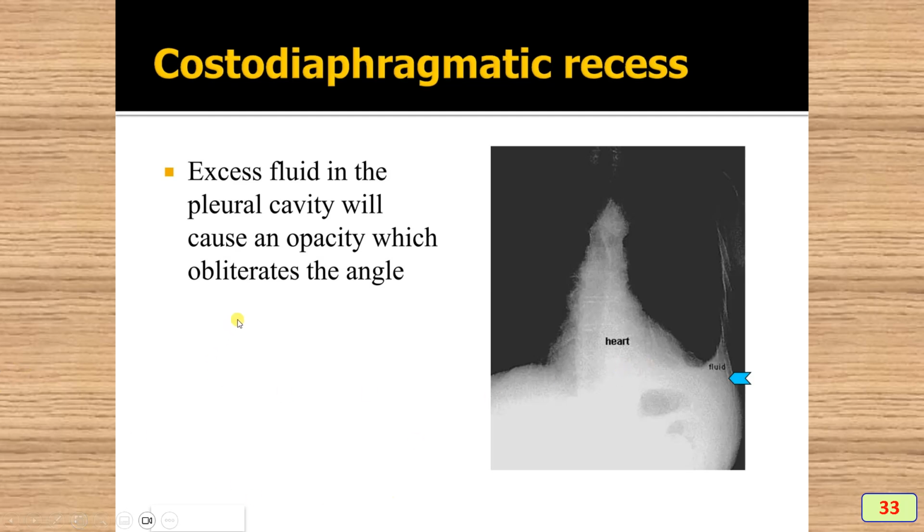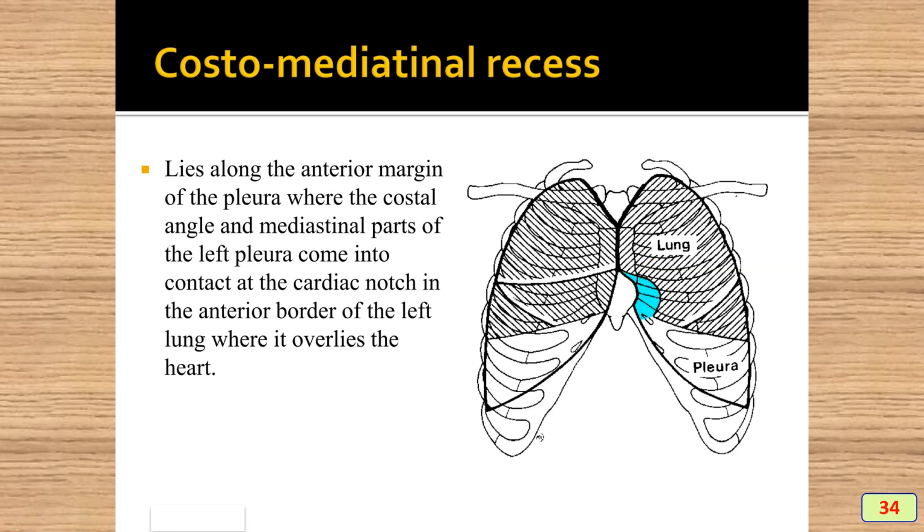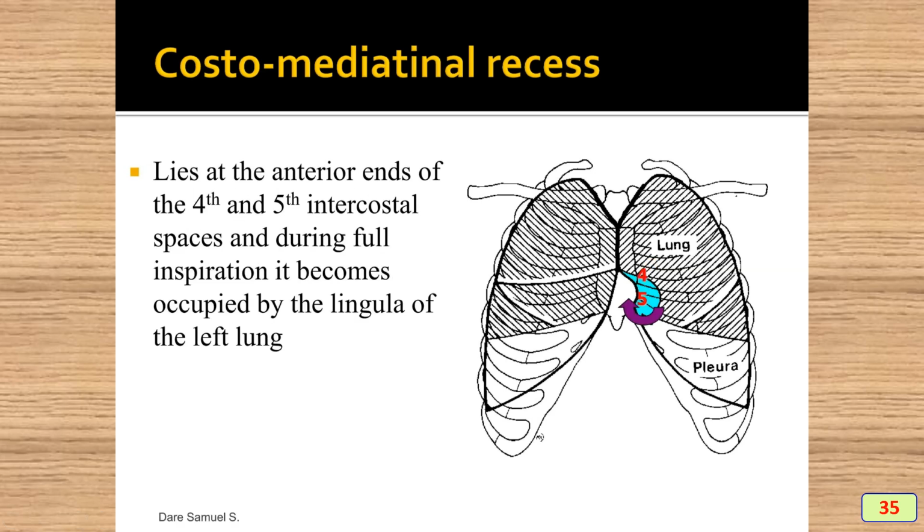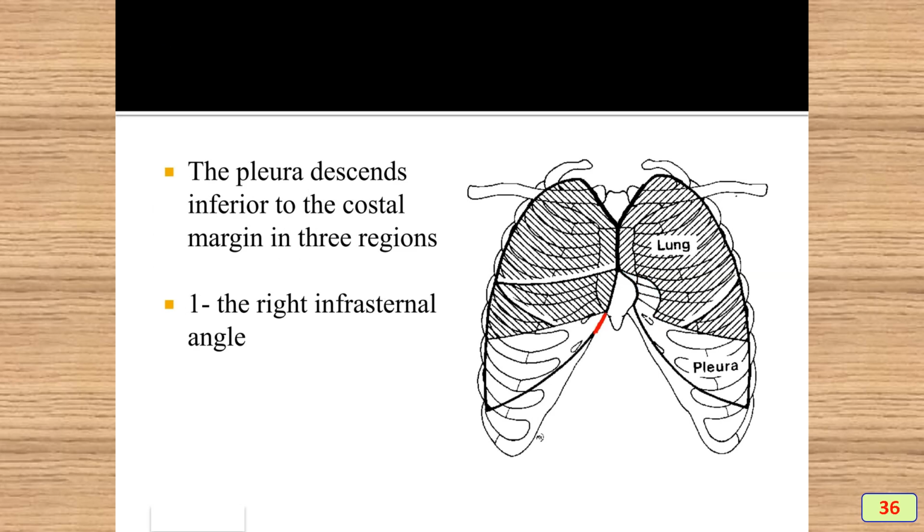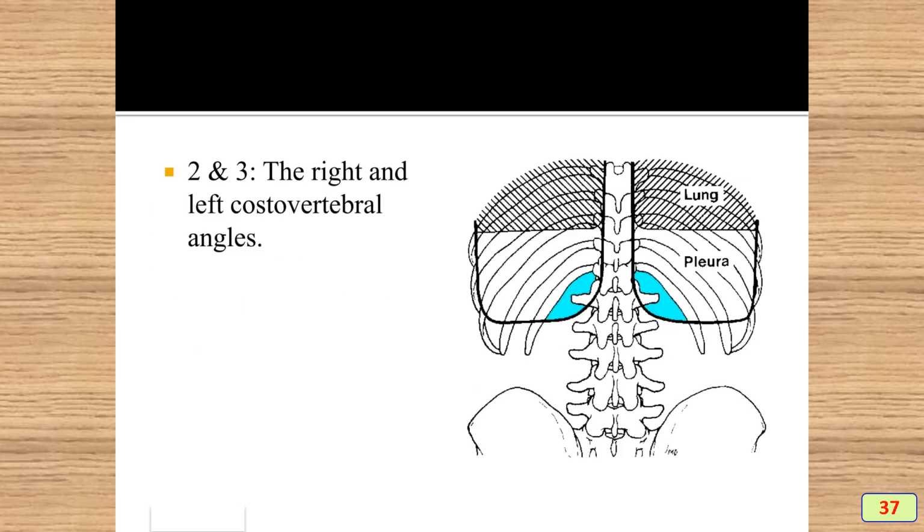Whenever they take an X-ray, excess fluid in the pleural cavity will cause an opacity, which also alters the angle. The costomediastinal recesses are also present in human lungs. Of course, these are not so well demarcated.